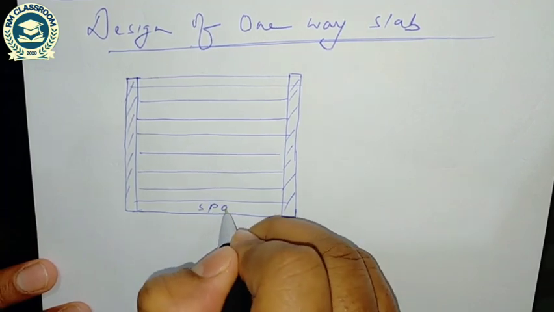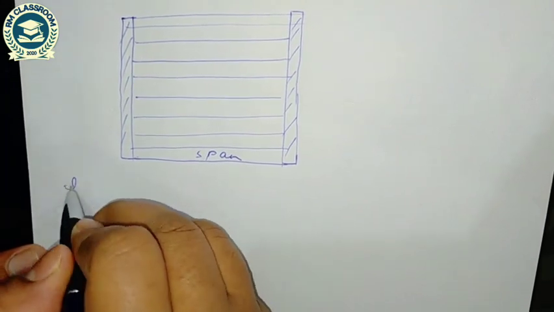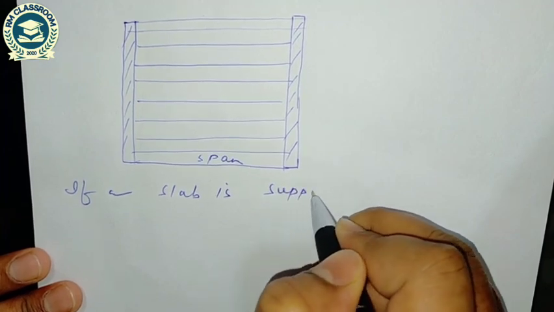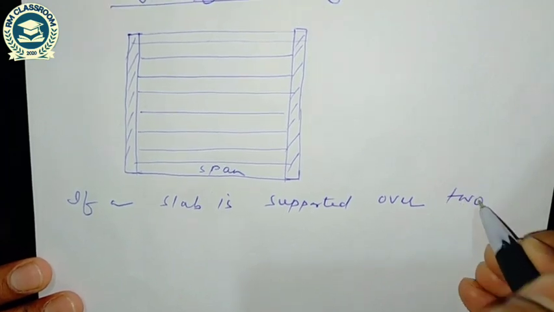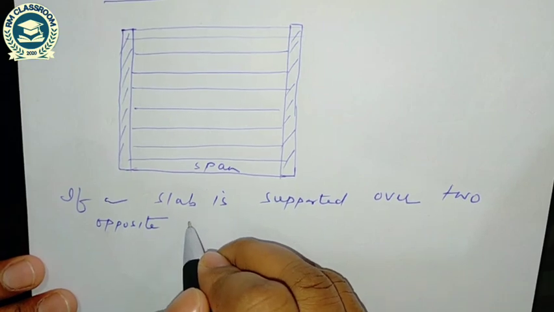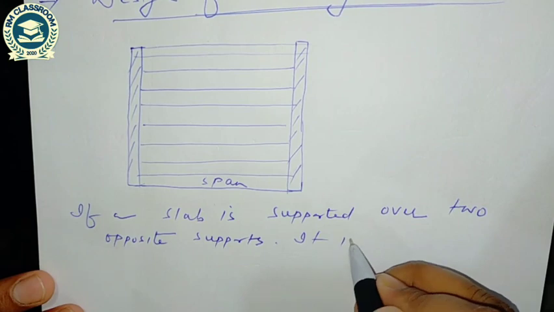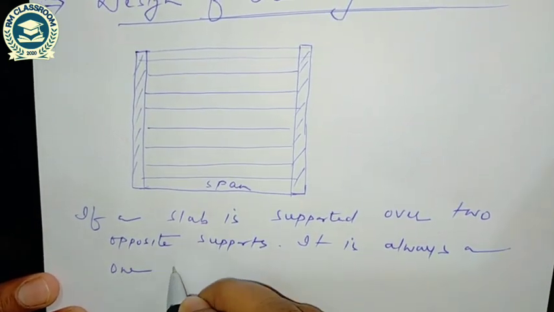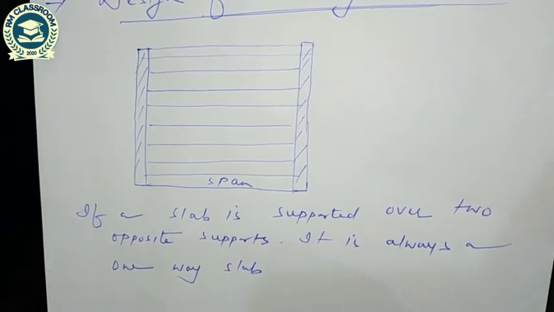This is a span. So if a slab is supported over two opposite supports, it is always a one-way slab.